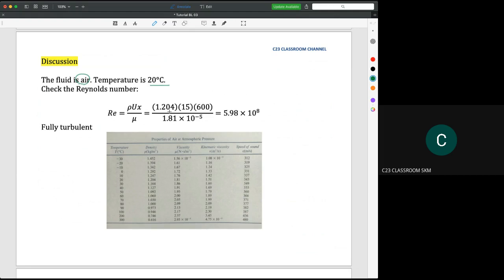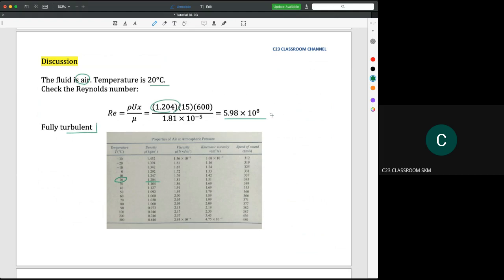So we take the density of air at 20 degrees Celsius, which is 1.204. We calculate and find the Reynolds number is around 5.98 times 10 to the power of 8, so we assume a fully turbulent boundary layer.